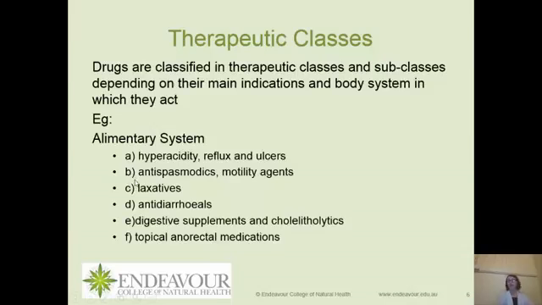There's antispasmodics and motility agents. The term antispasmodic is one that might be a classification system also used in certain complementary medicine modalities, as would be laxative and antidiarrheals. This term digestive supplements and cholelitholytics, specific to, say, a pharmacopoeia or MIMS Online, but the term digestive supplements would also be used in modalities.